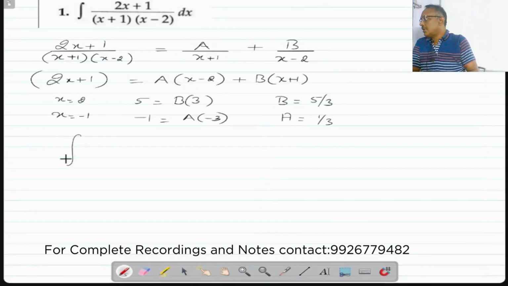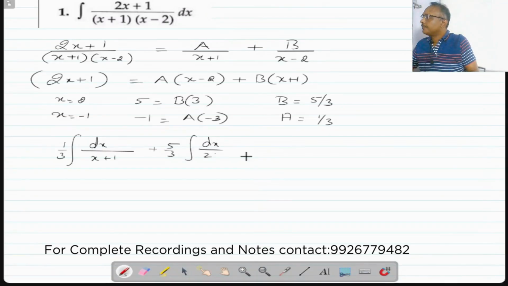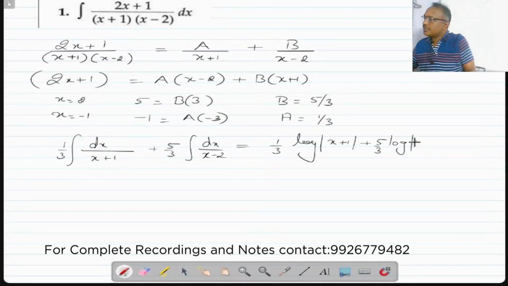So this is 1 by 3 integral dx upon x plus 1, 5 by 3 integral dx upon x minus 2. So that is 1 by 3 log of x plus 1 plus 5 by 3 log of x minus 2, and that's it.